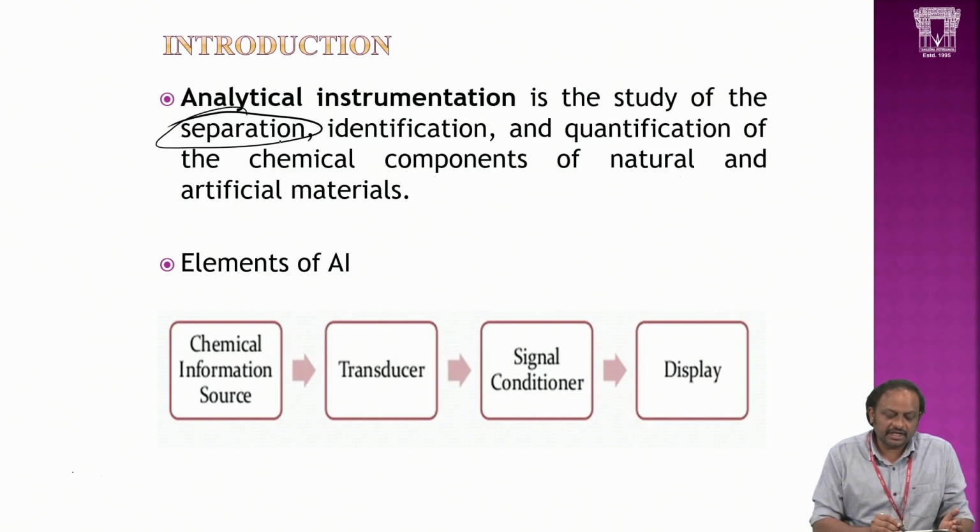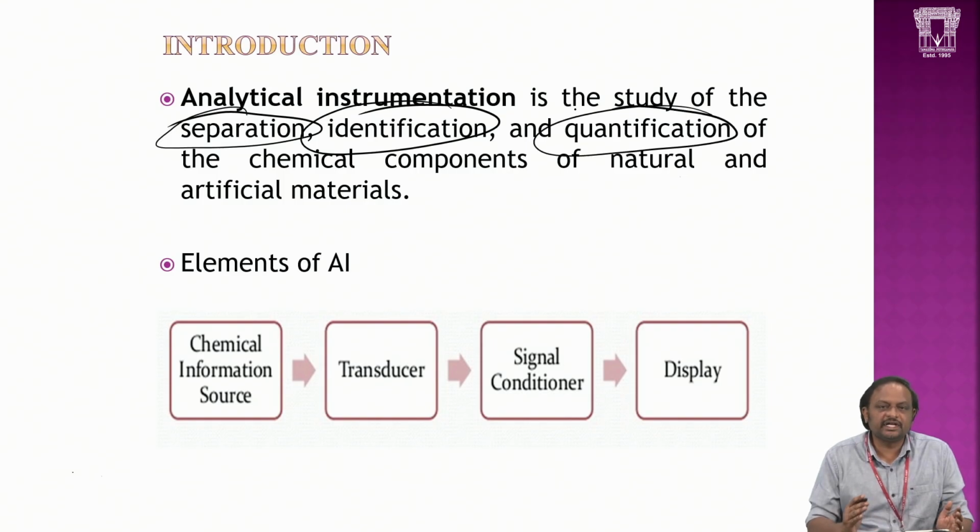First of all, in any analytical instrument, you need to separate, then identify, and after that quantify how much quantity it has, whether in milligrams, micrograms, or nanograms. First separate, then identify, then quantify. These are the three major things any analytical instrument can be used for.